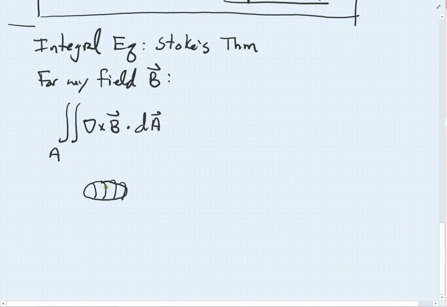And at any given point, there's a normal vector here that I will draw dA. And that normal vector is defined, of course, as the scalar value of the area that each patch represents times the normal vector, which we typically would represent by an n hat.